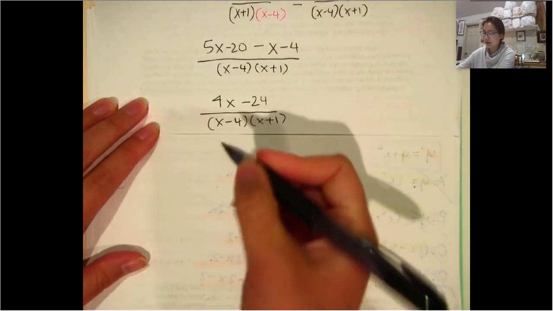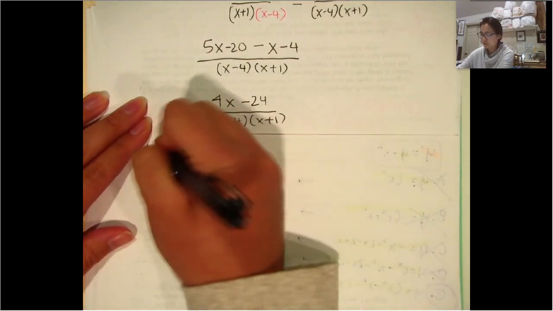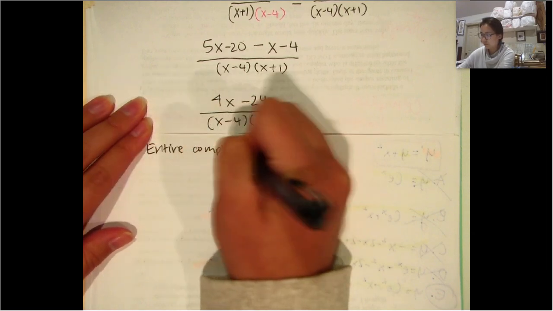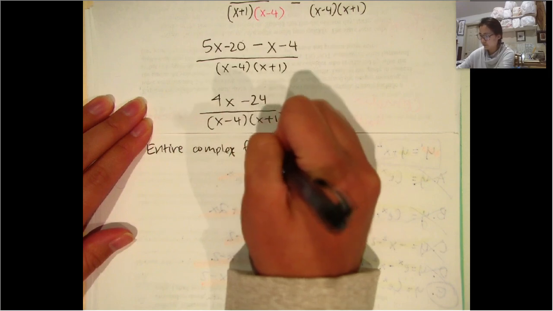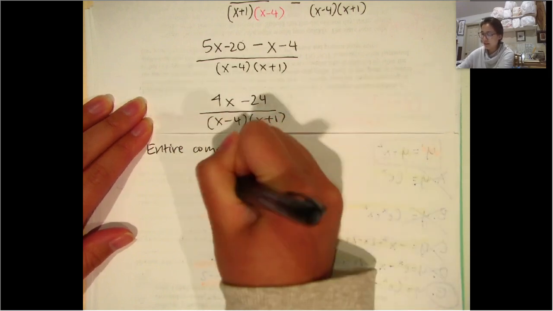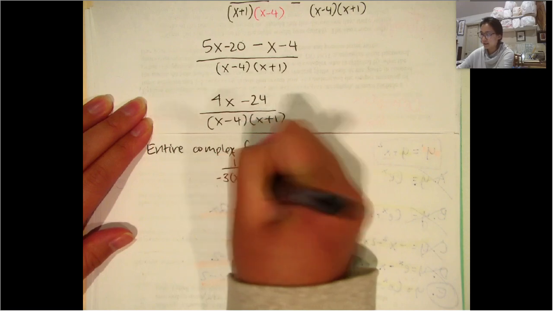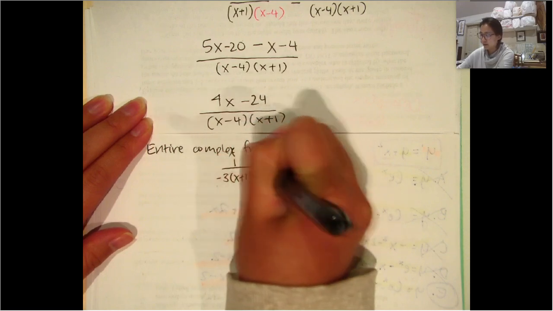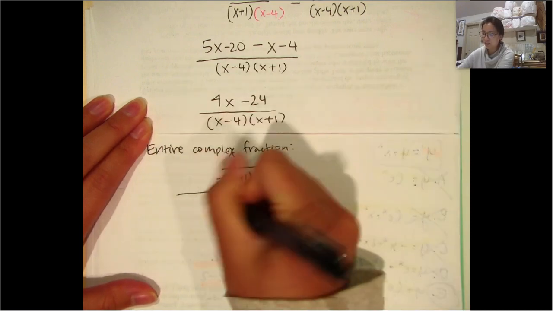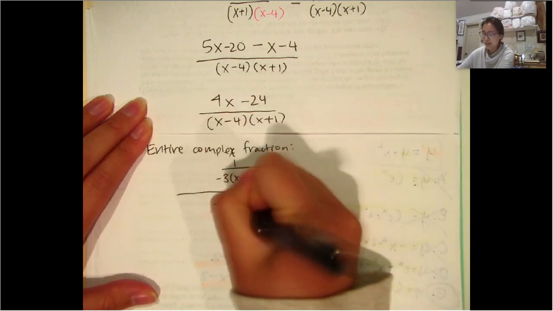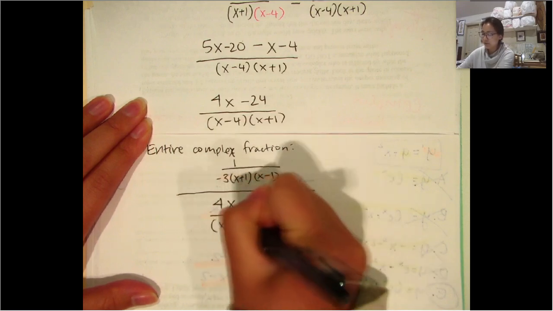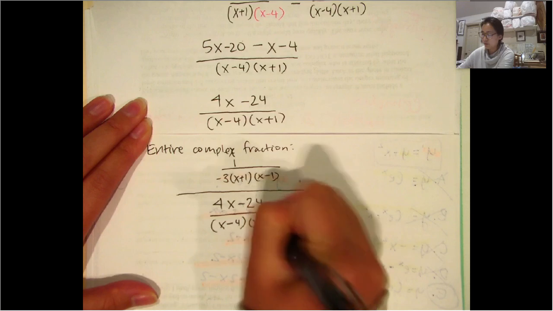So the entire problem is 1 over negative 3 times x plus 1 times x minus 1 divided by, and then what we got here because this was the denominator. So we have 4x minus 24 divided by x minus 4 times x plus 1.